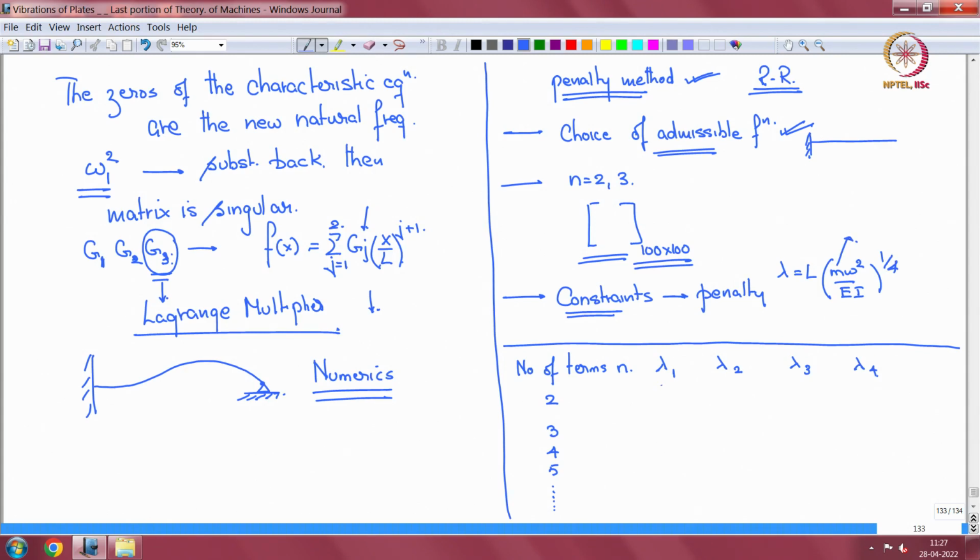So if you take 2 terms, it is 4.5270. This is numerics on the Lagrange multiplier method. So this is what we put a constraint here using a Lagrange multiplier. So first natural frequency, second natural frequency and so forth.